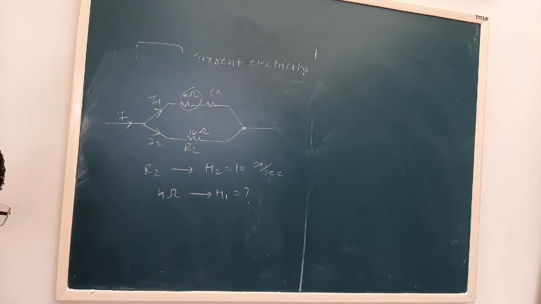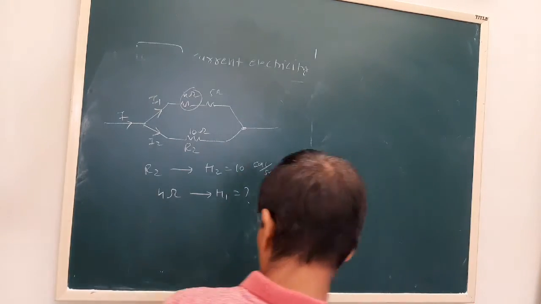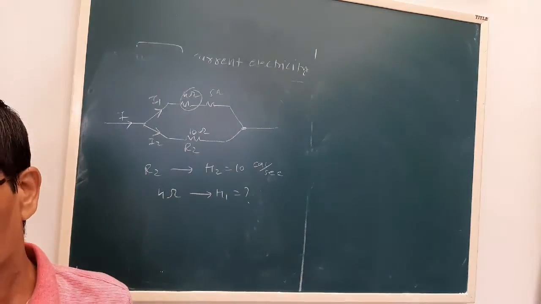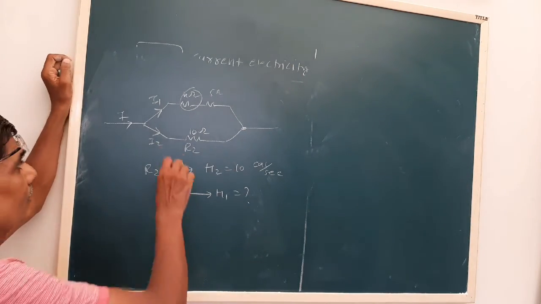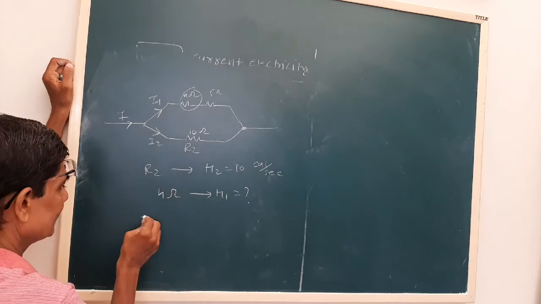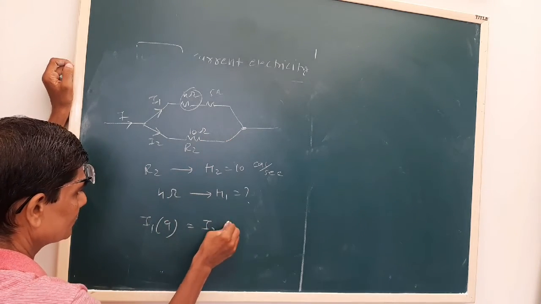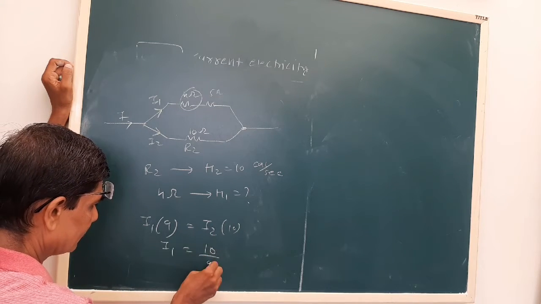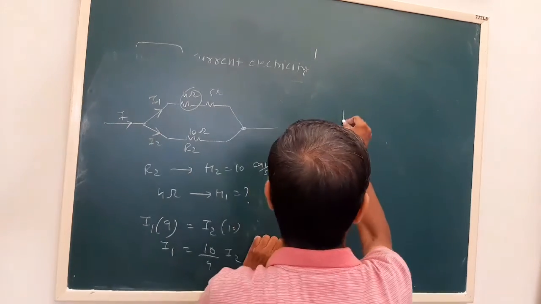Now we have seen that in parallel connection of the resistors, voltage remains same, current is divided. So V is equal to I1 R1. What is total resistance? 9. I2 10. So I1 is 10 upon 9. Now joule heat formula.